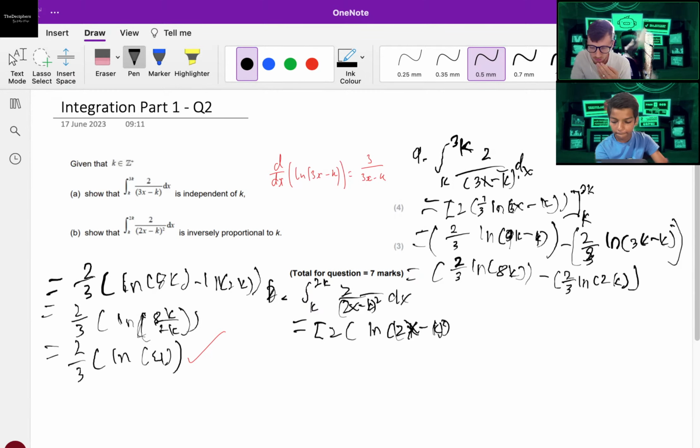Okay, yeah, let's just think of the derivative. Because if you're differentiating ln of (2x minus k) squared, what's that going to have on the numerator when you differentiate it?